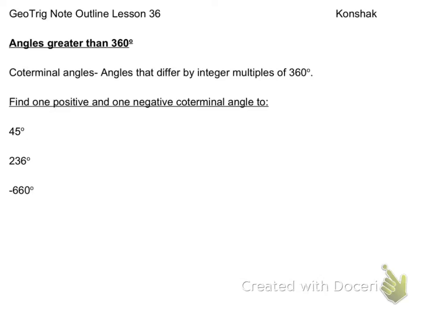I have talked about coterminal angles before. Coterminal angles are angles that differ by integer multiples of 360. So 1 times 360, 2 times 360, and so forth. These are called coterminal angles. They are the same position on, let's say, the unit circle.